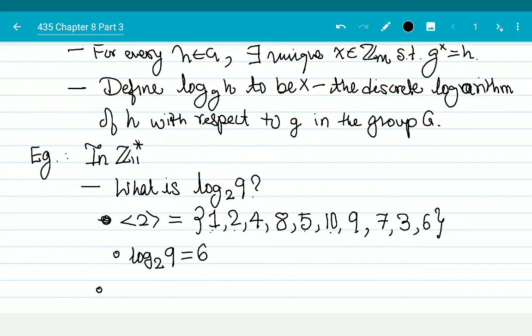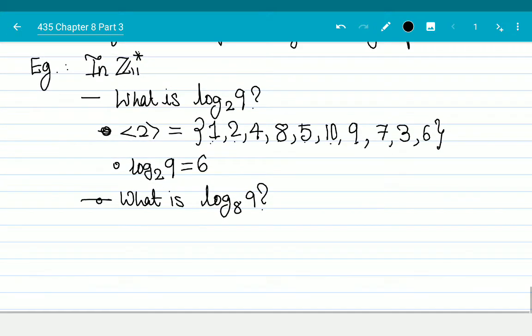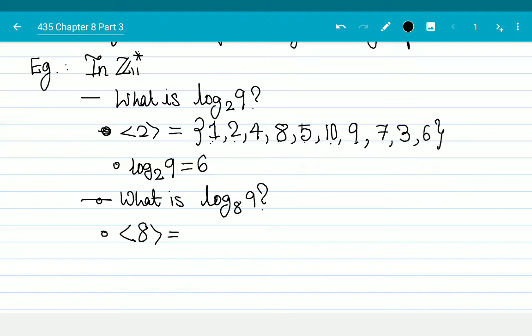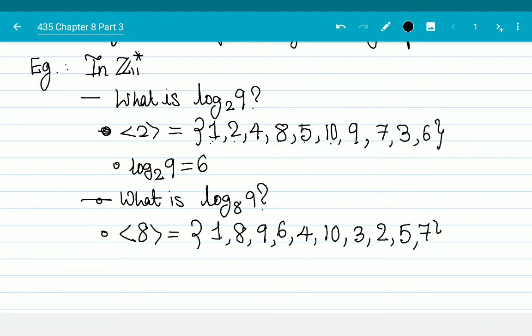Now, what is log to the base 8 of 9? Let us compute the group generated by 8 in order. 1, 8. 8 times 8 is 64, which is 9. 9 8s are 72, which is 6. 6 8s are 48, which is 4. 4 8s are 32, which is 10. 10 8s are 80, which is 3. 3 8s are 24, which is 2. 2 8s are 16, which is 5. 5 8s are 40, which is 7. 7 8s are 56, which is 1.